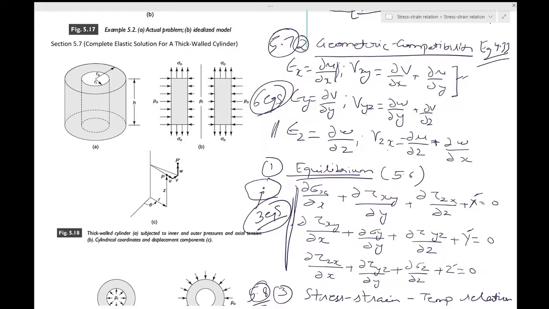What was the initial configuration? Where was the point O initially, and now it has moved to the point O dash. That's how these are defined. They are associated with the undeformed configuration, and this in turn means that 5.6 represents an application of equilibrium equations in the undeformed configuration. So that would mean that this equilibrium is actually applied in the undeformed configuration.